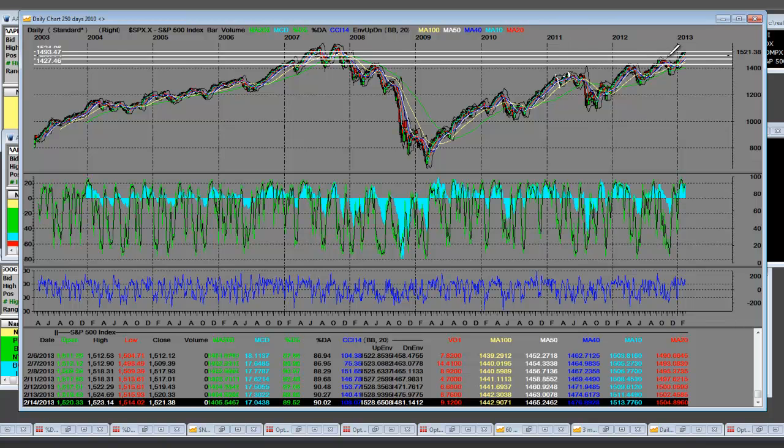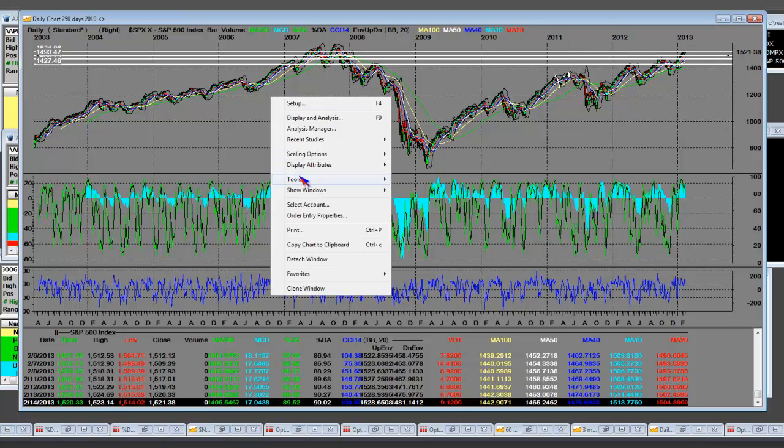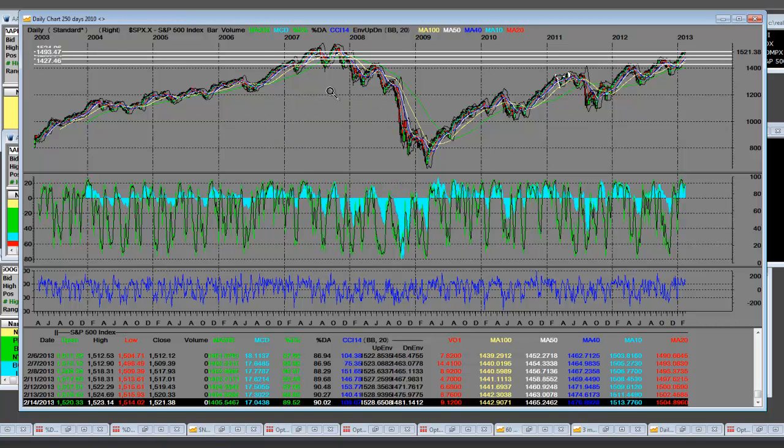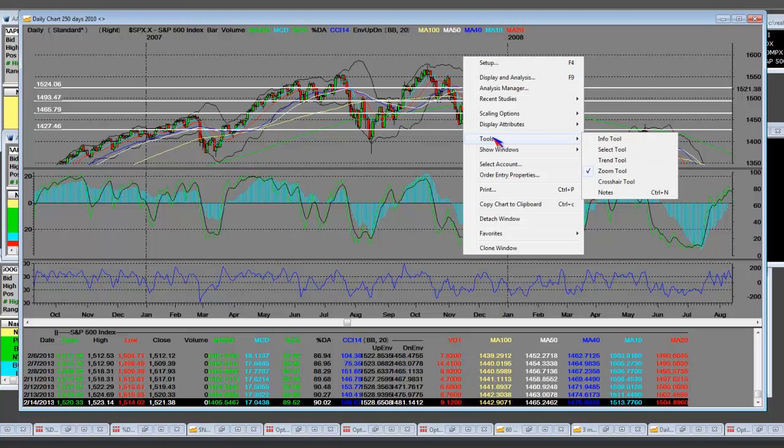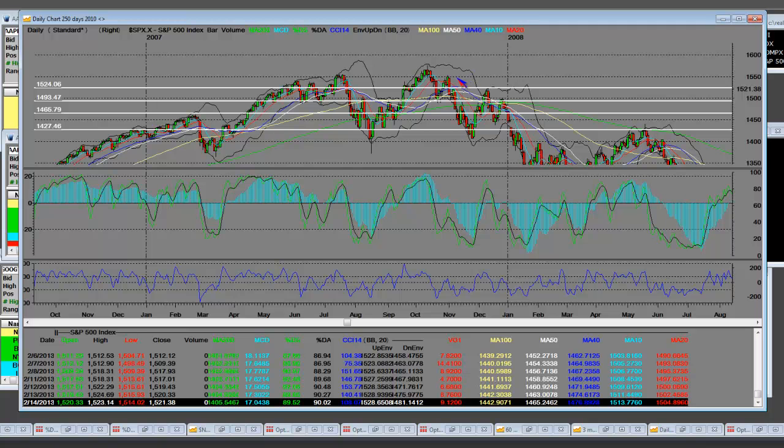Now, let's take that same trend line and let's get right back over here where we were during the financial crisis's breakdown. Here's that 1521 area. So far, we are right up here where some of these major reversals back in the financial crisis happened, one of them was right here.